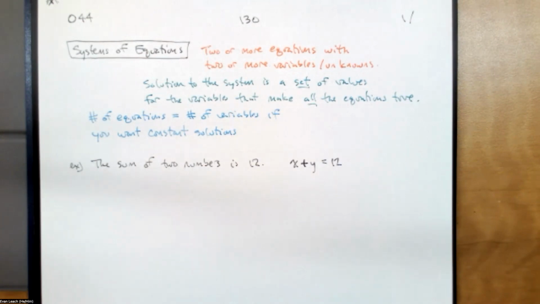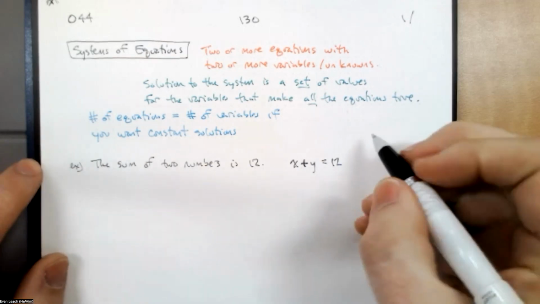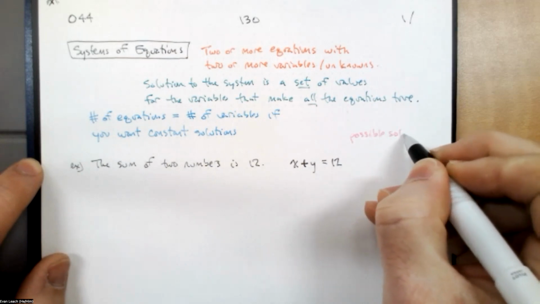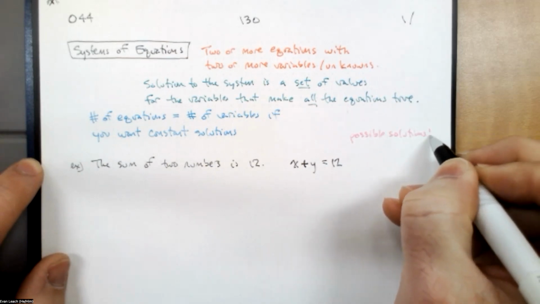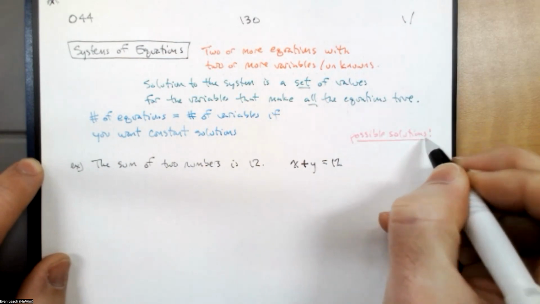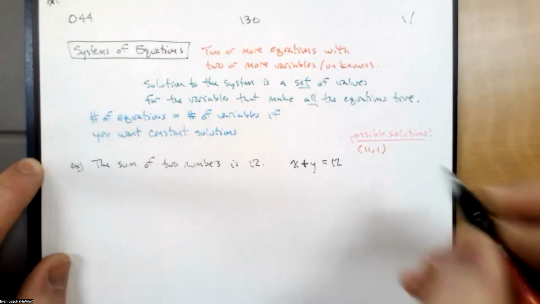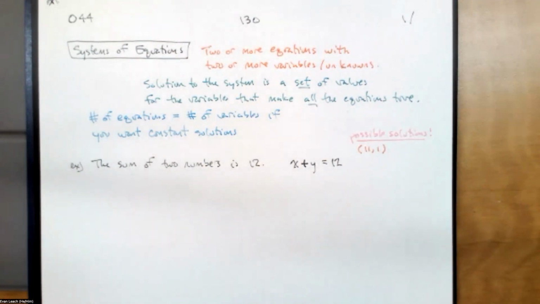What's one possible solution to this equation? 11 plus 1. So I could say x is 11, y is 1. One possible solution is 11, 1, which I'm listing as an ordered pair. When I write it this way, I write the x coordinate first and the y coordinate second, so I don't have to write x equals and y equals all the time.